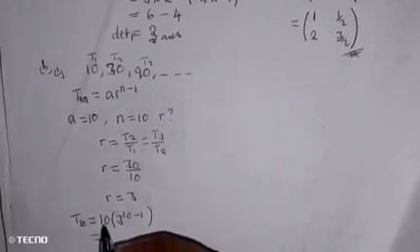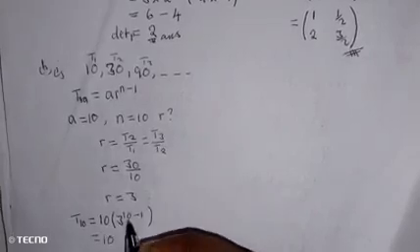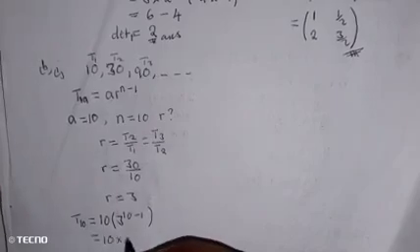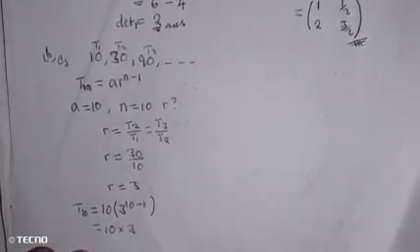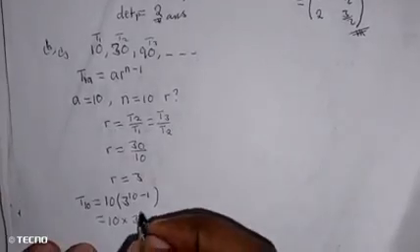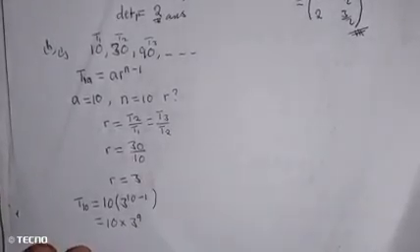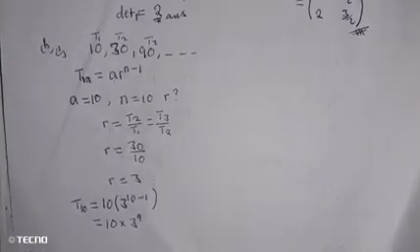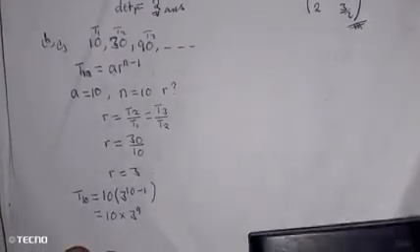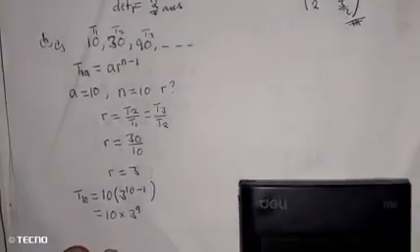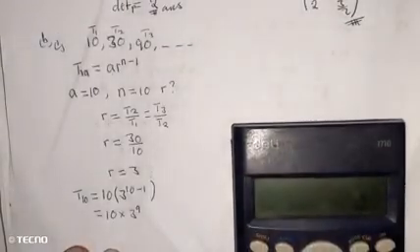So to find the 10th term here, we say it's 10, then 10 minus 1, we are going to have 3 to the power 9. Here 3 to the power 9 doesn't mean that you multiply 3 by 9.